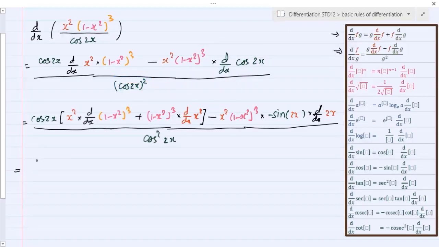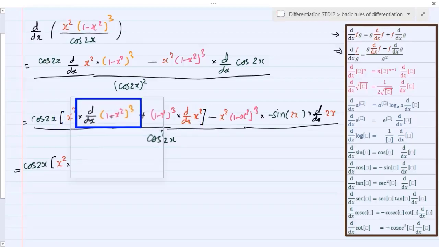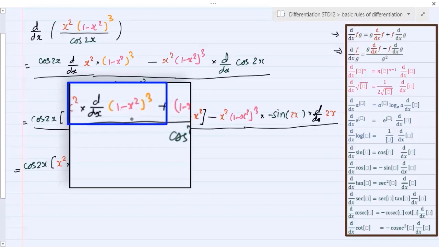In further simplification, your cos 2x still remains as it is. Let's simplify our bracket. X square will be as it is. We have to differentiate 1 minus x square the whole cube, and for that we should consider box around the 1 minus x square.